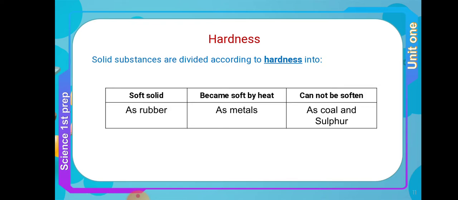Rubber is soft at room temperature. Other substances become soft by heat, such as metals. Metals such as iron, aluminum, and copper. The third type is substances that can't be softened, such as coal and sulfur.